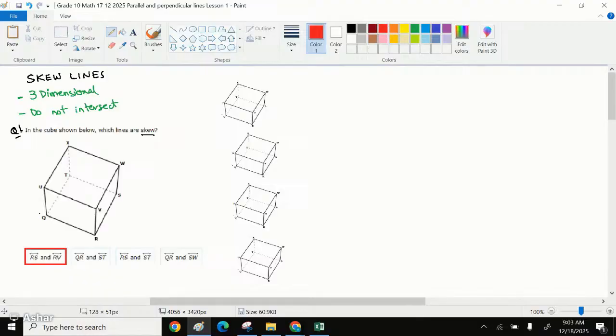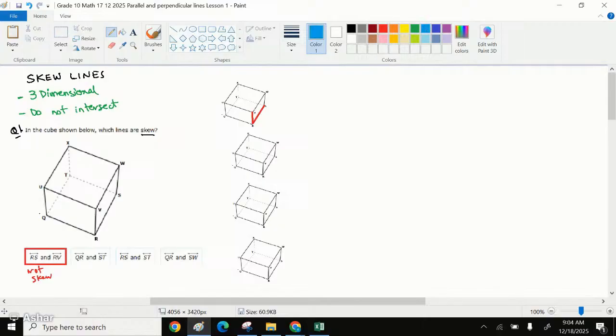Skew means they are in 3 dimensions, but they still are not intersecting each other. So let's label RS. We know that this is RS. And what about RV? We know that this line was RV, right? They are intersecting. So this is not skew.